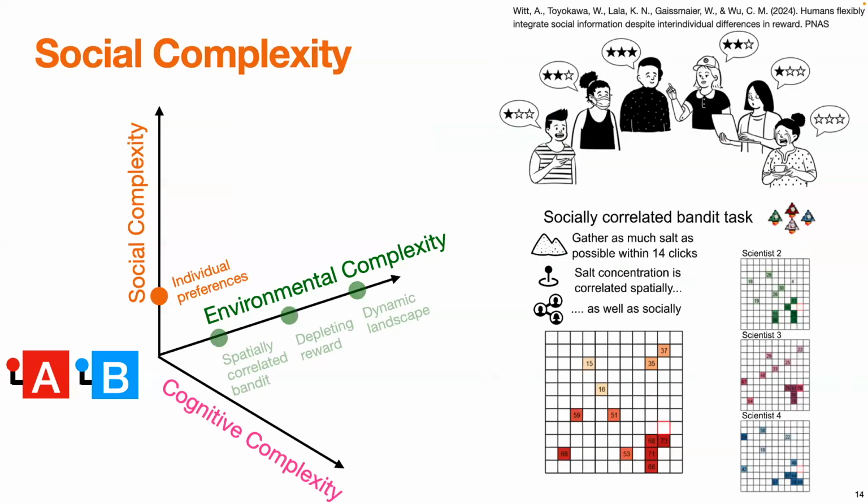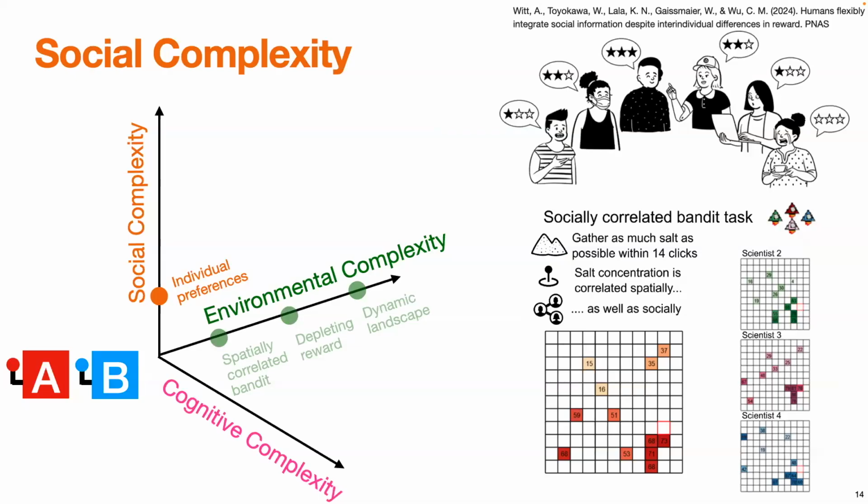Okay, let's move on to the next dimension, which is social complexity. Here again, this is the spatially correlated bandit task. This is a paper written by Alex Witt.